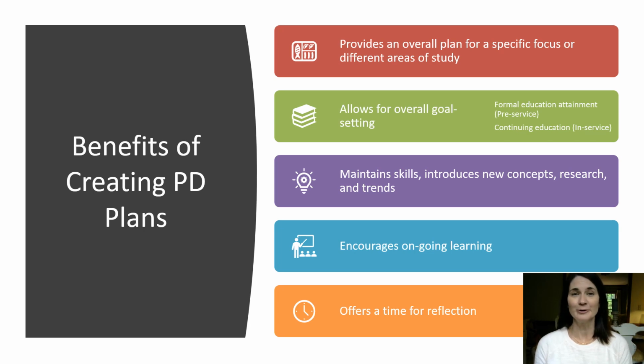So now you're ready for a new focus, a new topic area to enhance your skills and ultimately enhance your classroom overall environment. So it really helps to create a PD plan to map out strategic goals such as educational attainment. Perhaps you're ready to work on an associate's degree and you need to think about realistically how many courses can you take each semester to be successful, not only in the courses, but also balancing work and family roles or whatever roles you might have as well.